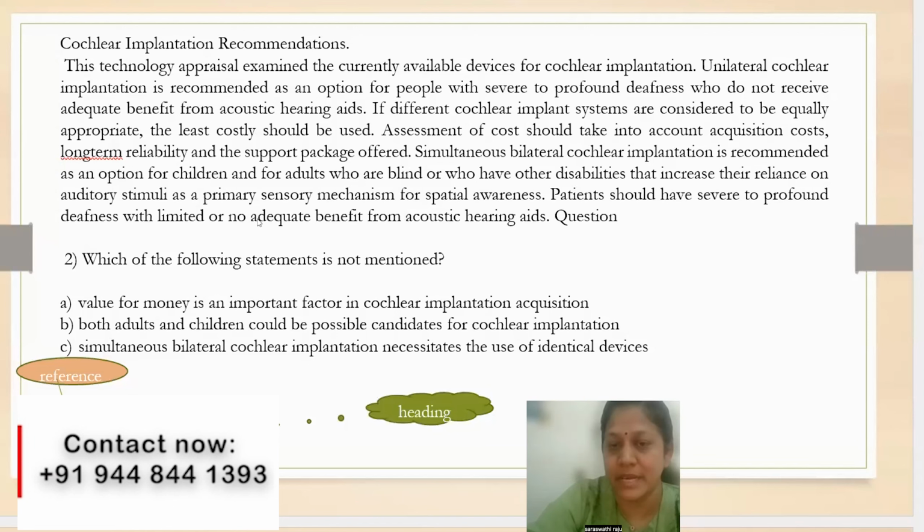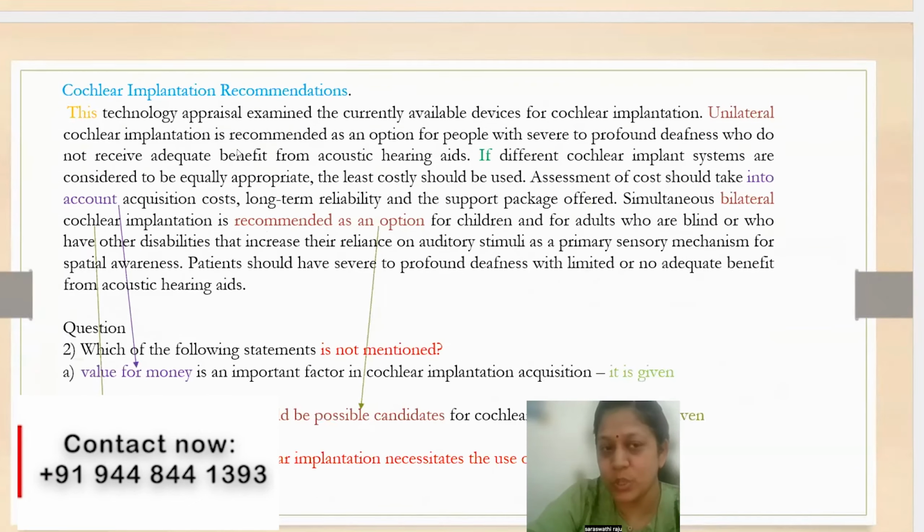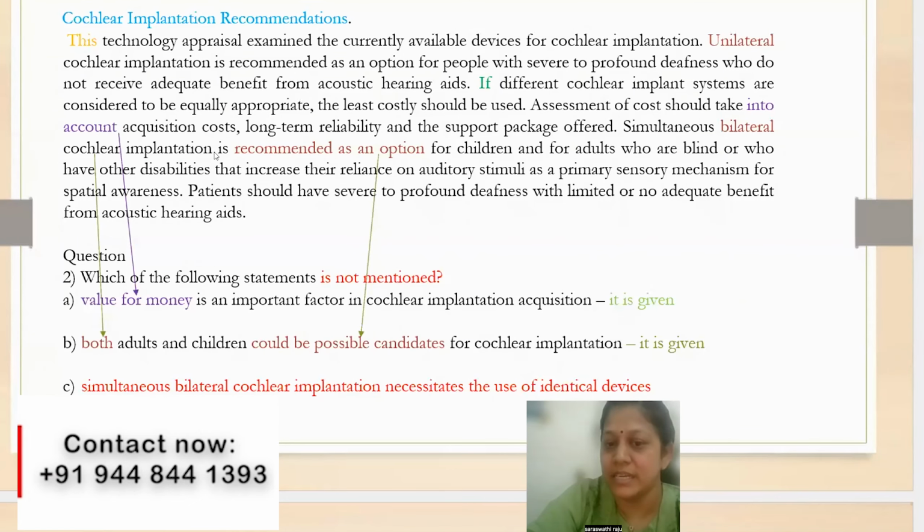The simultaneous bilateral cochlear implantation is recommended as an option for children and for adults who are blind or who have other disabilities. That is okay, so they have given it here. Option B is also mentioned here: could be possible candidates. Is that clear? So option B is also there in the text.